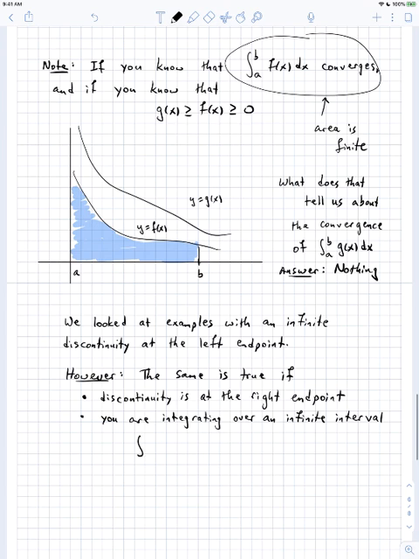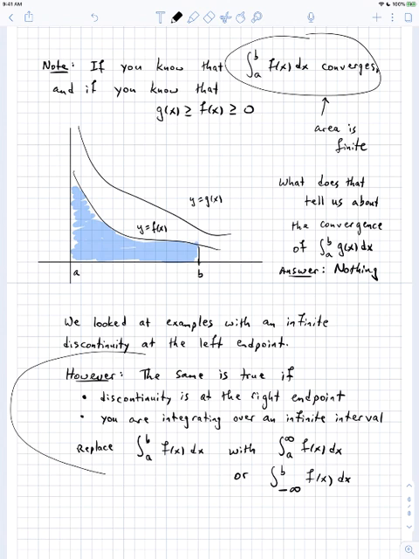So you could just replace the integral from a to b of f(x) dx with the integral from a to infinity of f(x) dx, or the integral from minus infinity to b of f(x) dx, or indeed from minus infinity to positive infinity, because if you have something like that, you have to break it apart into two separate integrals, one dealing with minus infinity and one dealing with positive infinity.